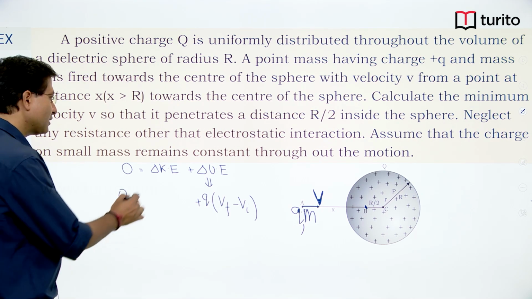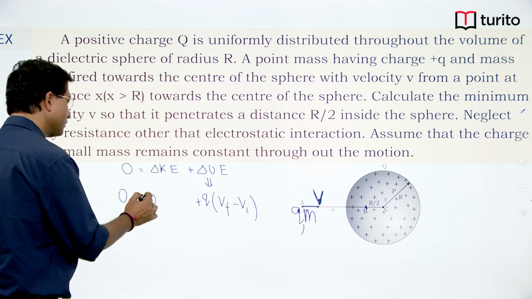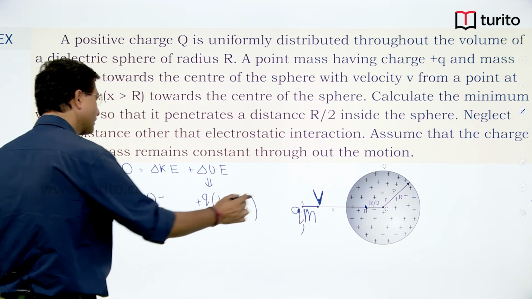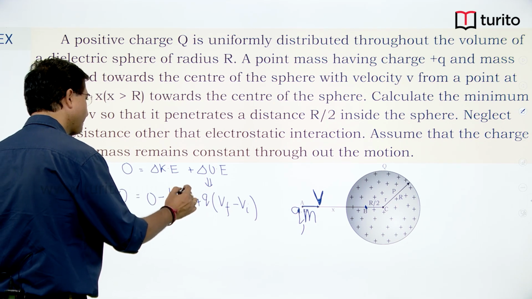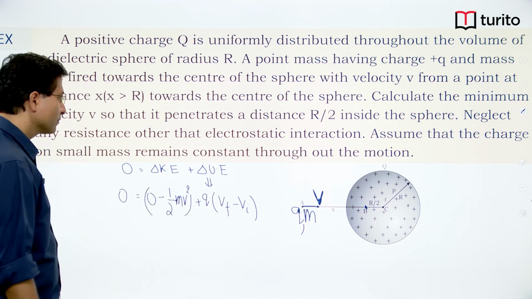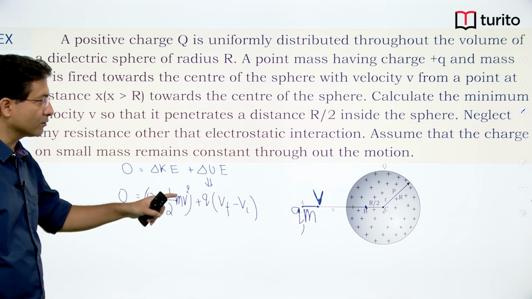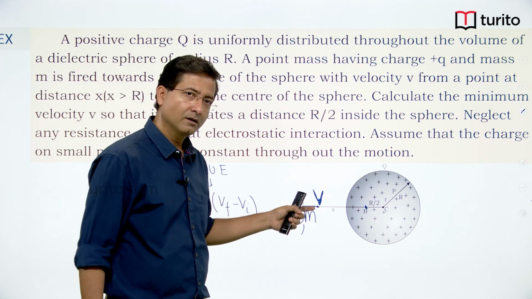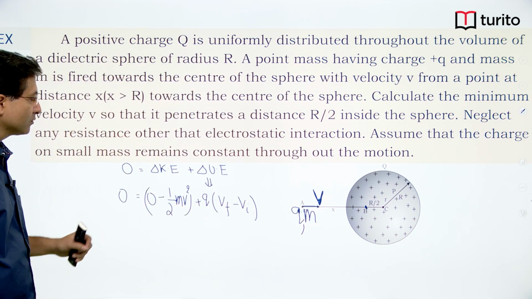So, final minus initial: finally it stops and velocity will become 0, and initially it is projected with velocity v. So, I will write half mv square. Right. So, the requirement is v, only one unknown, so only one equation is required, that is work energy theorem, I can use that.